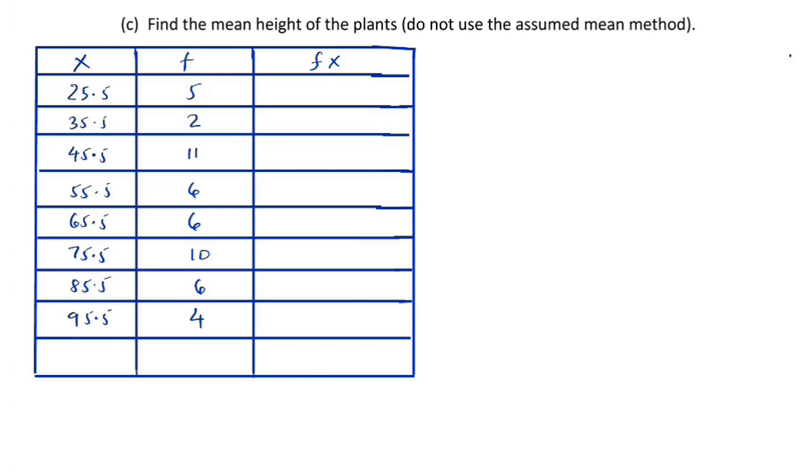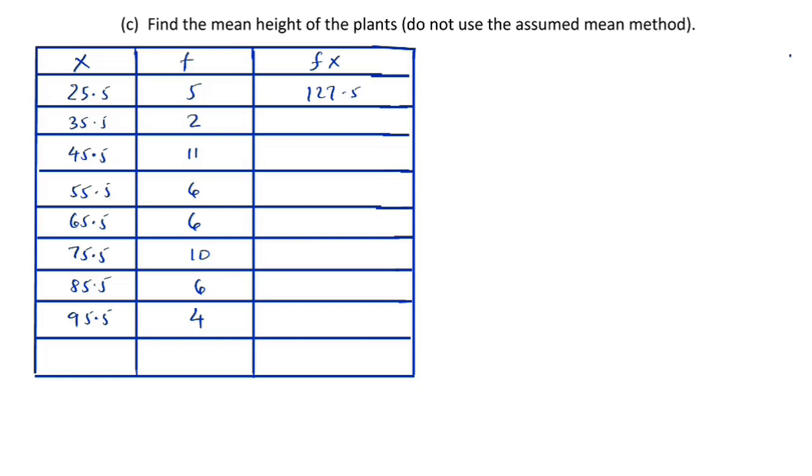For example, for the first group, to find the value of fx, we just take 25.5 times 5. After multiplying this, we are going to have 127.5.